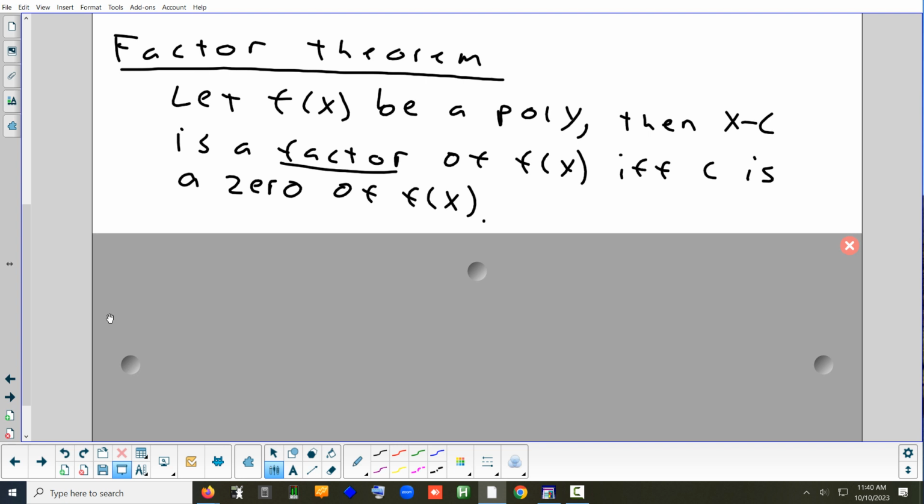If f of x is some polynomial, and you divide by x minus c, and the remainder is 0, then what you divided by is a factor. And you can say it both ways. If something is a factor and you divide, you'll get remainder 0. Or, if you get remainder 0, then what you divided by is a factor. So you can say the original statement and its converse.